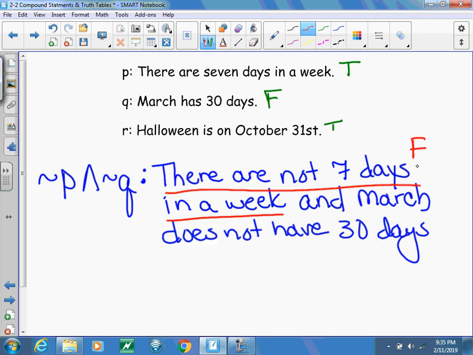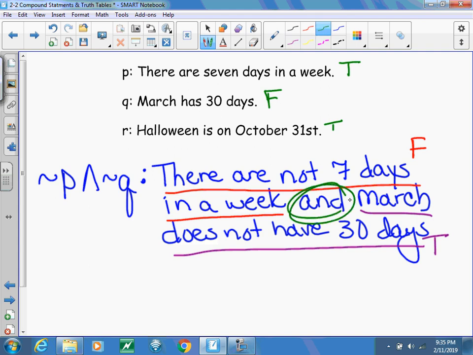That is a false statement. Then I take a look at March does not have 30 days. That right there is a true statement. Now, I'm trying to do the conjunction between the two of them. It has to be an and. Since one is false and one is true, the whole statement is going to be false.